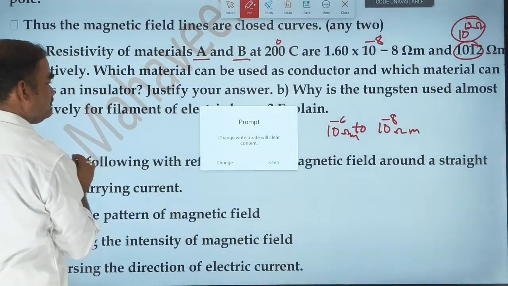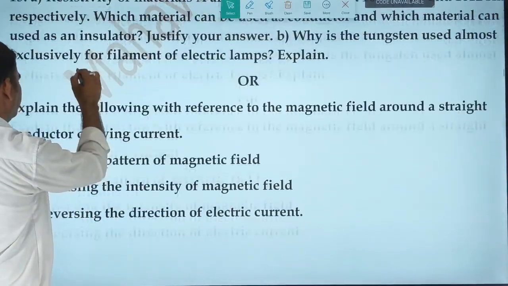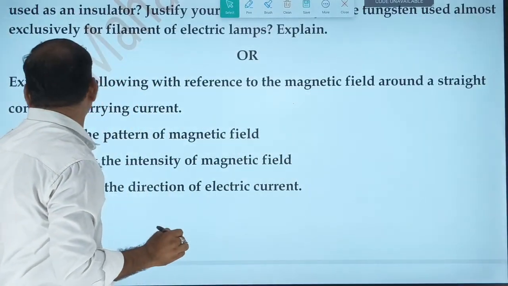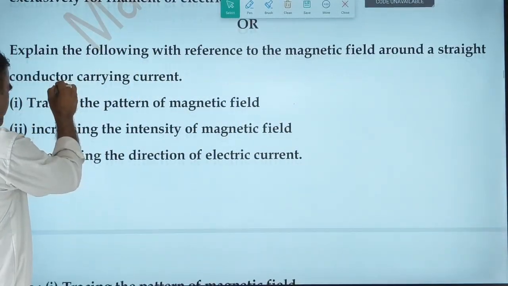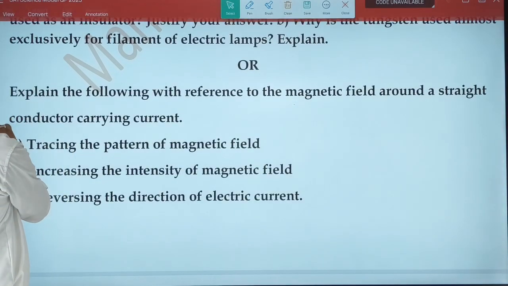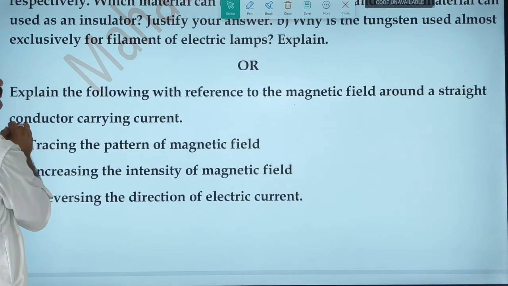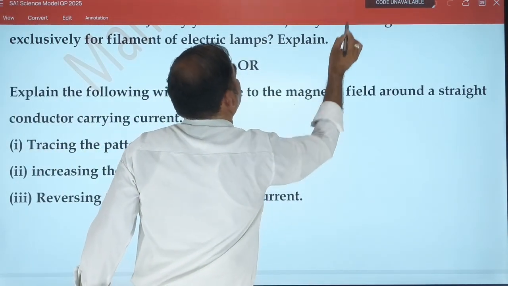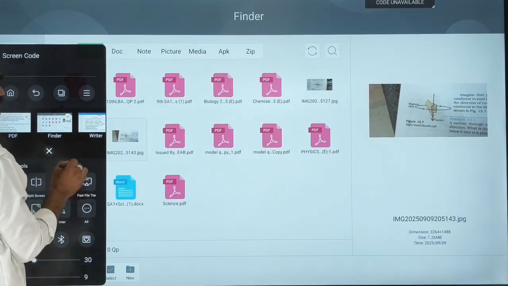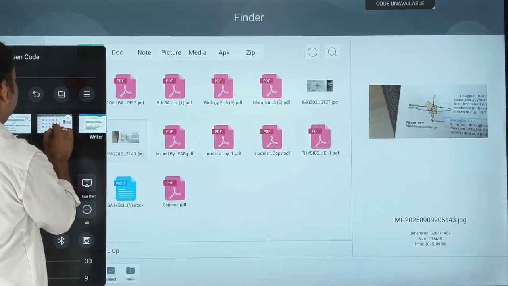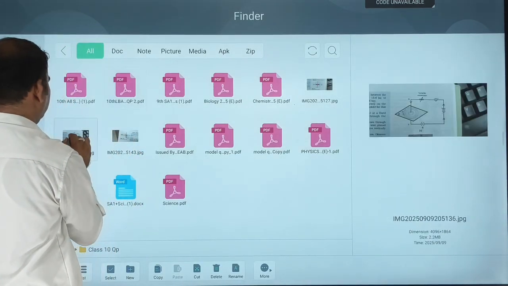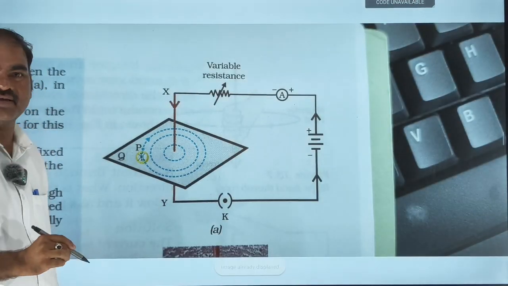Next, coming to the question: explain the following with reference to the magnetic field around a straight conductor carrying current. Okay, so this is one diagram.